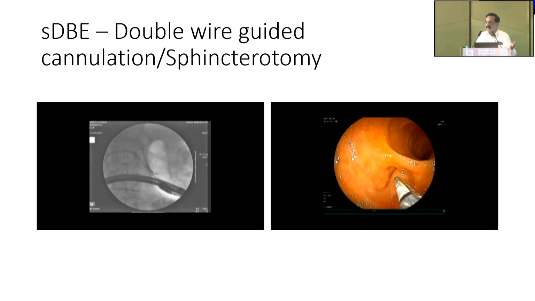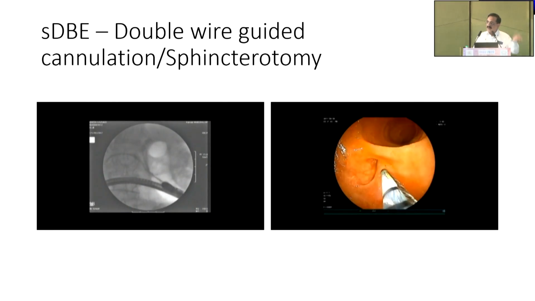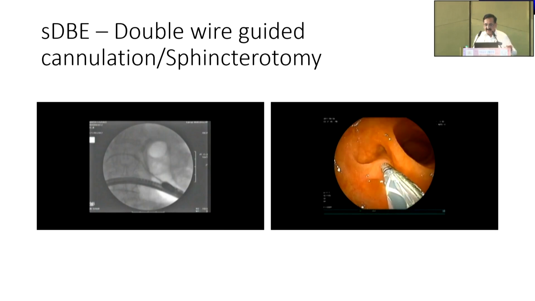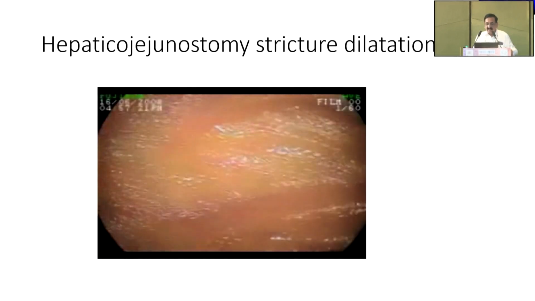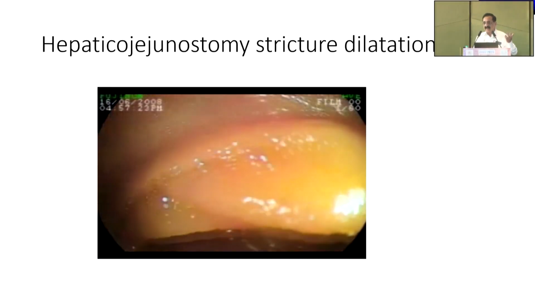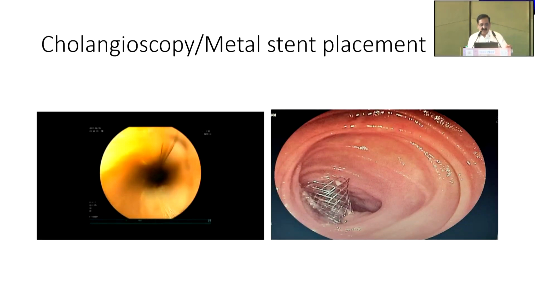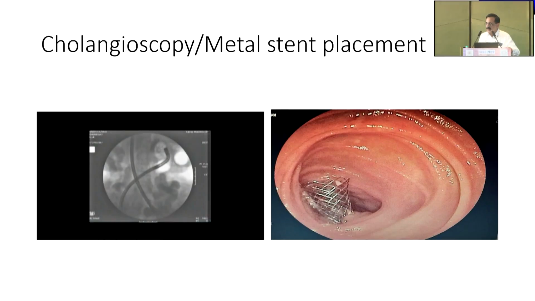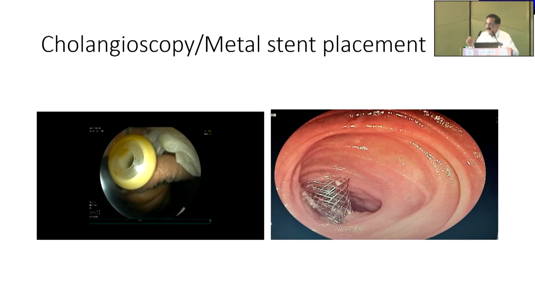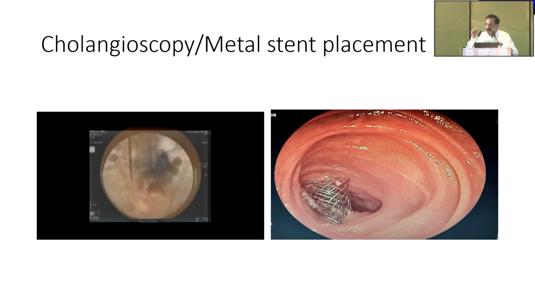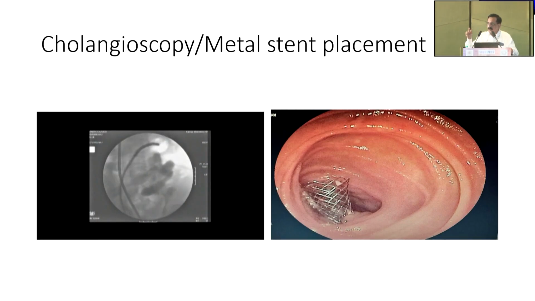If you inadvertently cannulate the pancreatic duct, you can go into the bile duct, or if you cannulate the bile duct, you can go into the pancreatic duct. You can use the sphincterotomes which are designed specifically, and a hepatico-jejunostomy stricture with cholangioscopy, if required, can be done using a double balloon endoscope, where you make sure that you do not put the balloon on the scope.